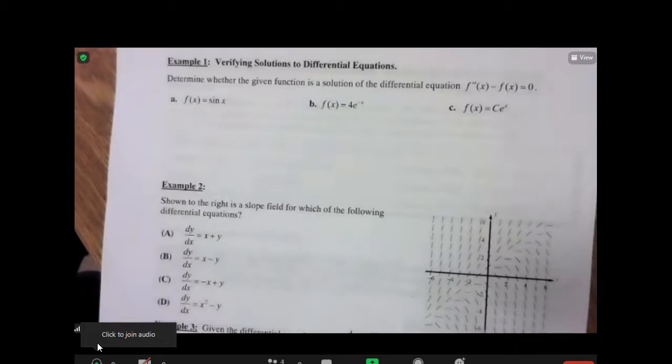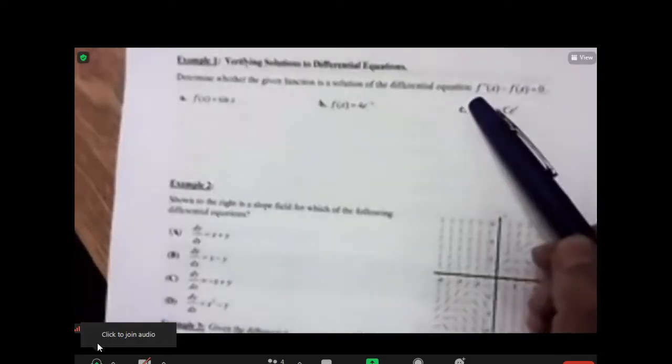In order to prove that statement as being either true or false, what you would need to do is take that problem and find the second derivative. If it's asking me if the second derivative minus the original is equal to 0, in order to prove that, I need the second derivative.